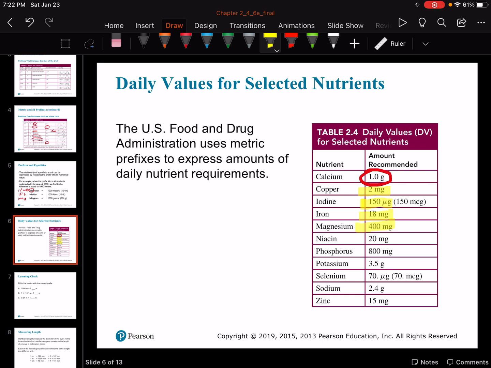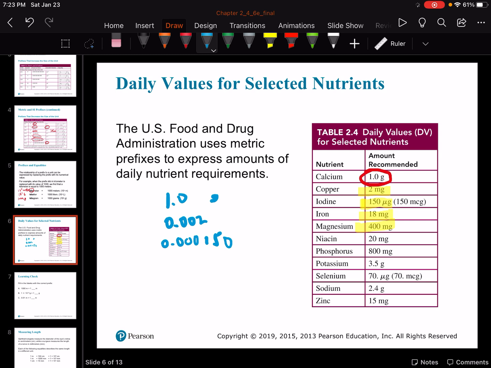Okay. So these are some examples from other parts of your life where we use these prefixes to make our numbers cleaner. For example, if we were writing these out just in terms of grams, we would say calcium is 1 gram, copper is 0.002 grams. Iodine is 0.000150 grams.